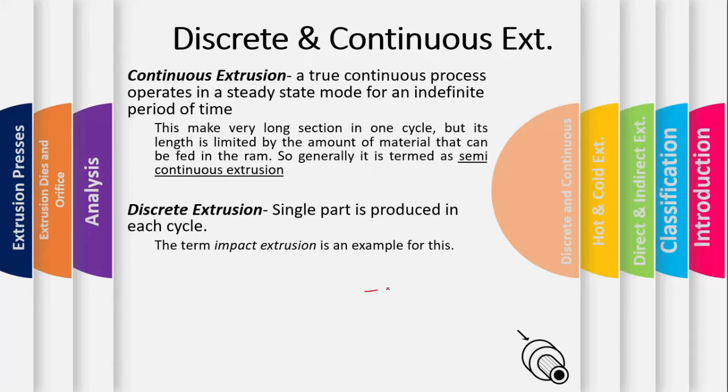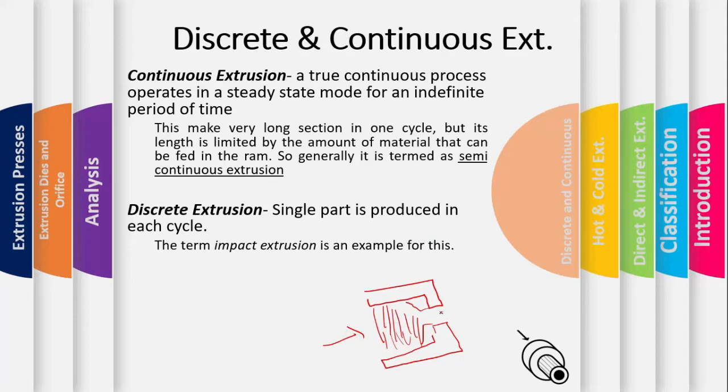What does it mean? We have a container here, and this container has a die towards the end, and we have some billet of any material that has been fed into the container, and we are applying the pressure here.